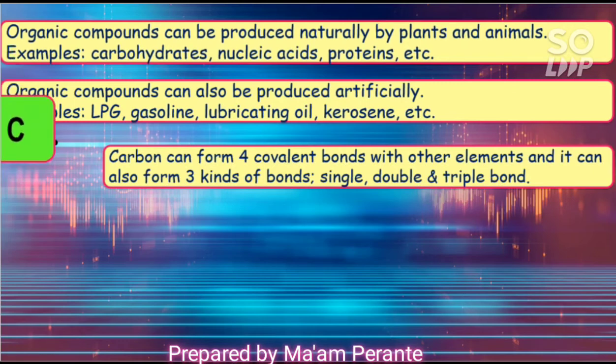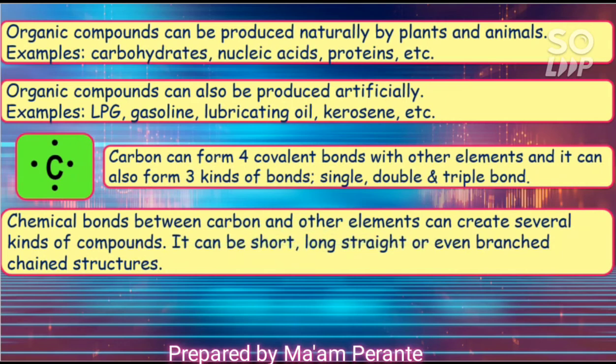Why? Because of the special characteristic of the carbon atom. It can form four covalent bonds because of its four valence electrons represented by dots. Okay? Chemical bonds between carbon and other elements can create a lot of compounds.